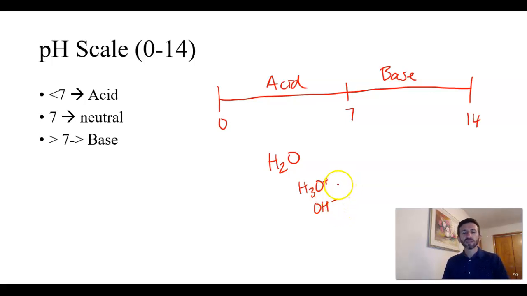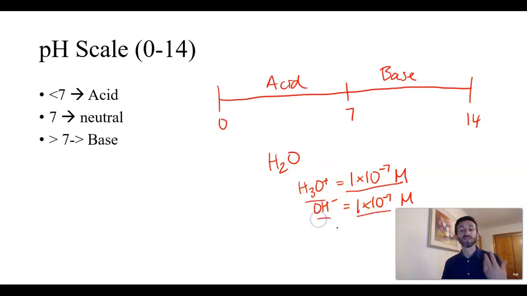And actually, the concentration of hydronium and hydroxide are exactly the same at 1 times 10 to the negative 7 molar, so moles per liter. So what that means is that we have this much hydronium and this much hydroxide, even in a pure sample of water. So this number 7 here actually comes from this exponent.